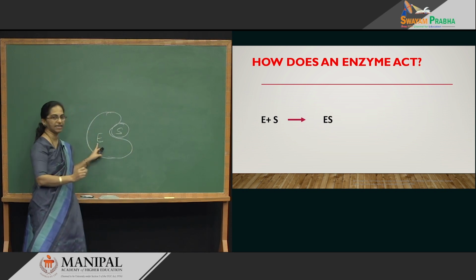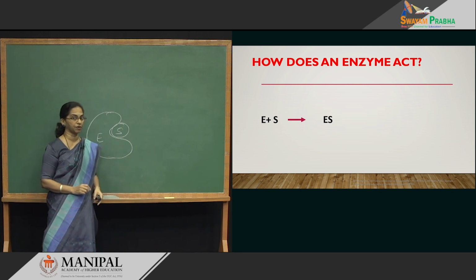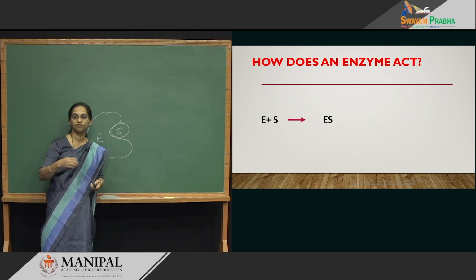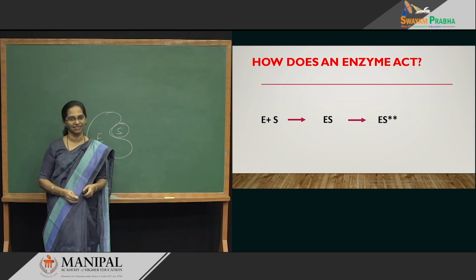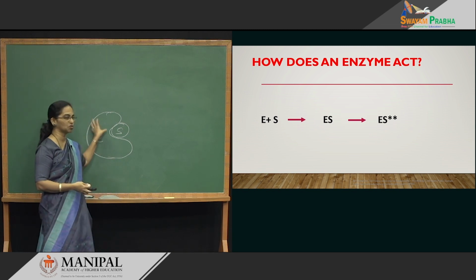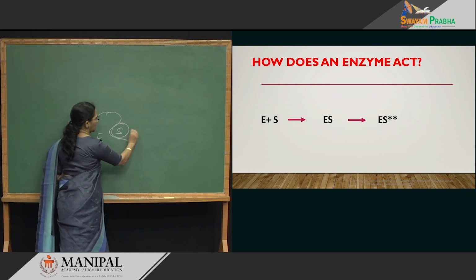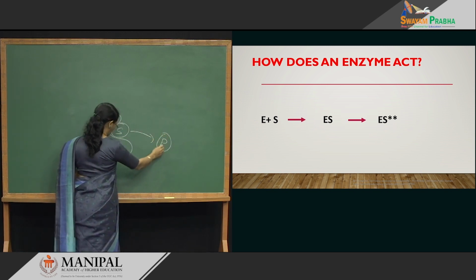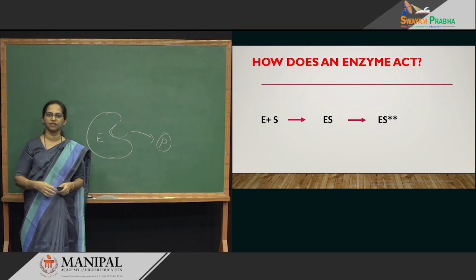Now, this is the ES complex. It will not directly form product, it will get first converted to an activated state of ES. That is why I have put an asterisk along with ES, that means it undergoes certain change, and after that it will release the product. So, the substrate will change and the product will be formed.